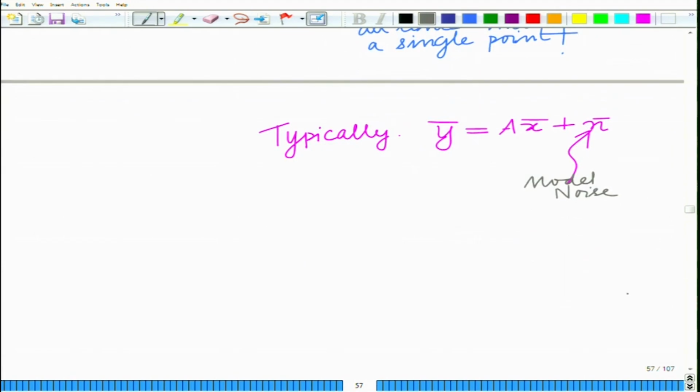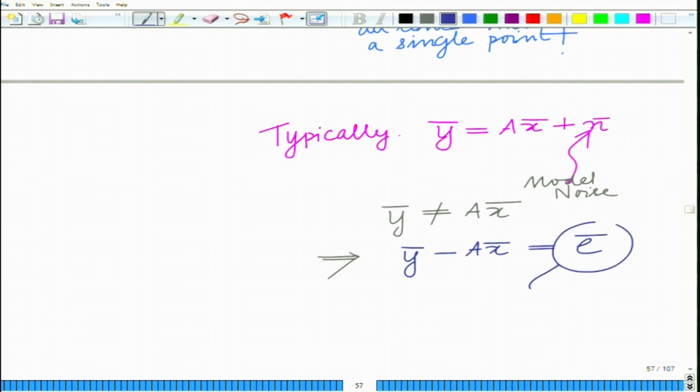And what happens because of this model noise? This means your y bar is not equal to A x bar, which means if you form y bar minus A x bar, because there is no solution, for any x bar there is always an error. This is basically your model error or approximation error vector.